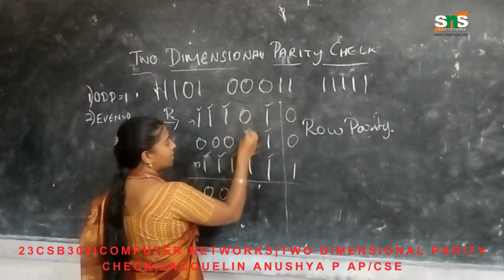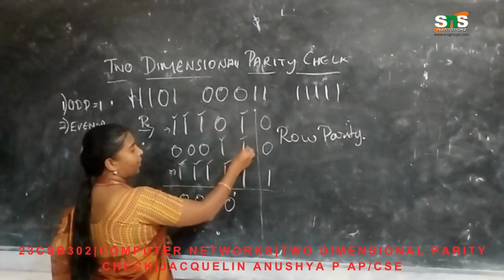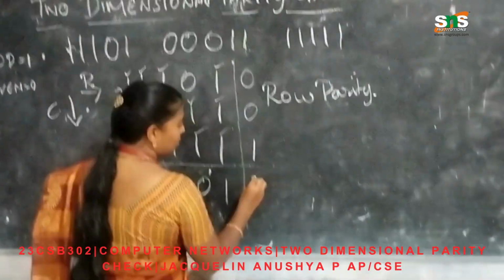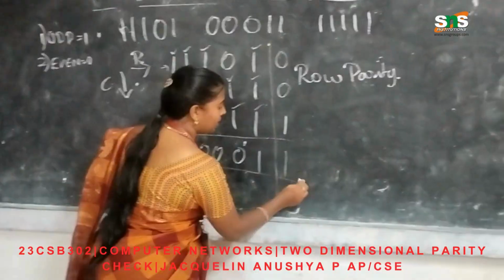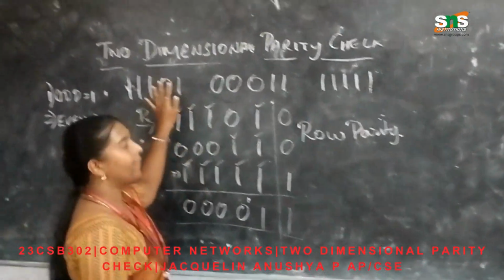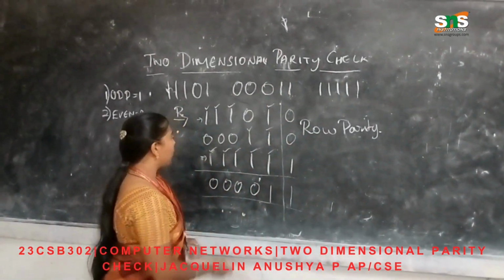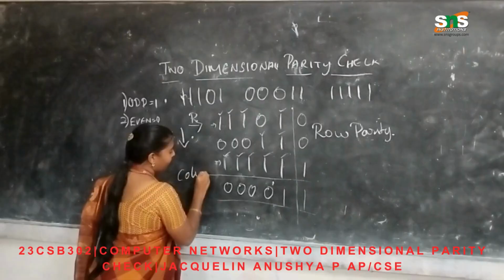Here also you have 2, so it is 0. And over here you have 3 ones, so it is 1, and you have only 1, so the answer is 1. Like the same way we did in the simple parity check, we are doing it for your two-dimensional parity check, where the row parity and column parity are over.